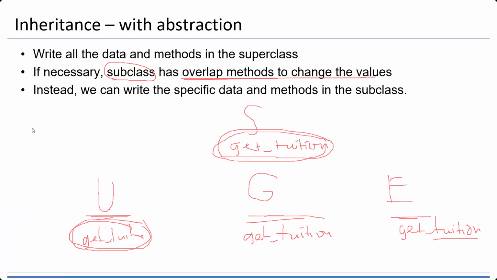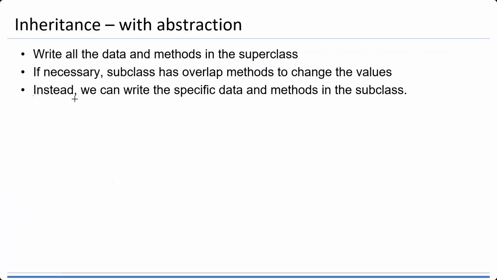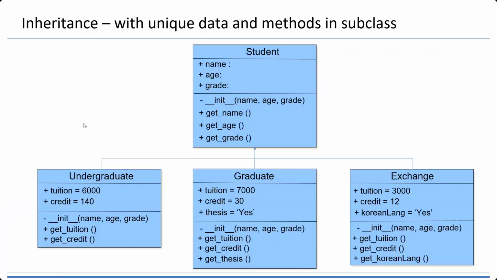Or instead we can write the specific data and methods in the subclass. So we don't need to write all the data in the superclass, but we can write the specific data in the subclass. How? We can make something like this.